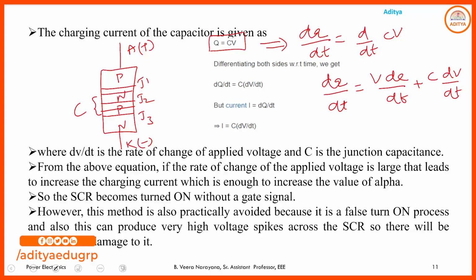If the junction capacitance is constant, then dC is equal to 0, and finally you have dq by dt equals C into dV by dt, where dq by dt is the rate of change of charge and C is the junction capacitance, and dV by dt is the rate of change of voltage across the SCR.